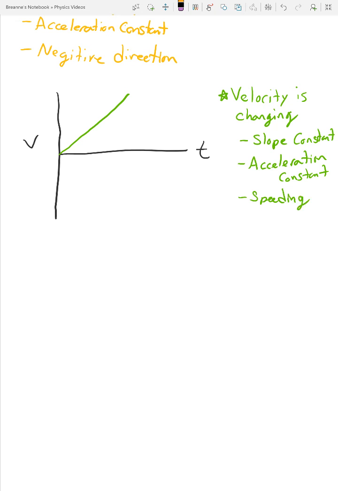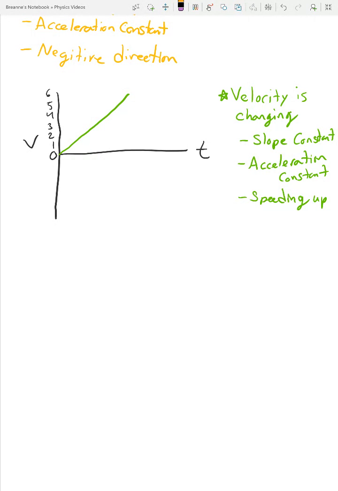So since we are speeding up, we have to decide which direction we're speeding up in. So are we speeding up in the positive or speeding up in the negative direction? So again, our numbers are getting bigger, because if we had numbers here, that's the 0, that's 1, 2, 3, 4, 5, 6.